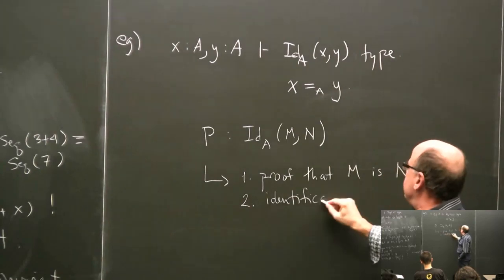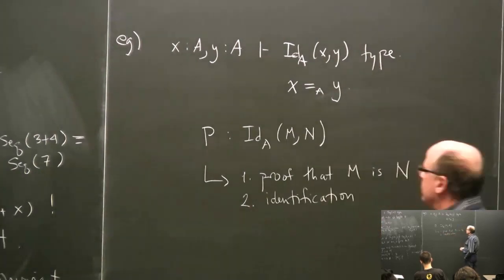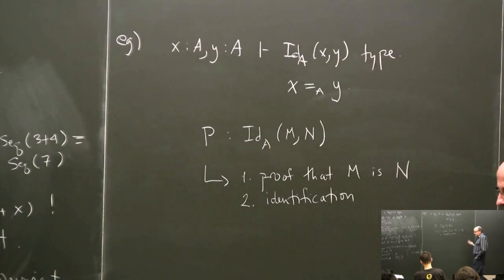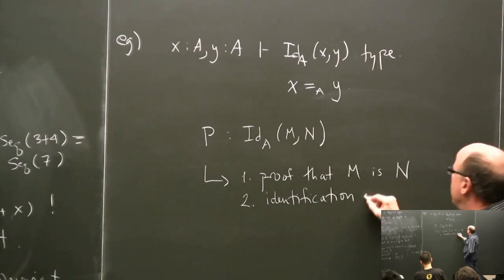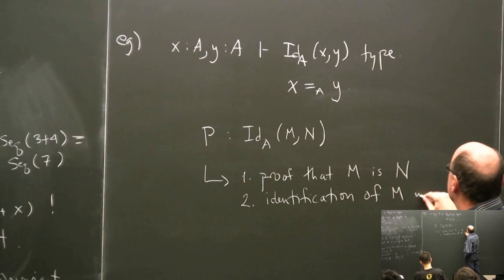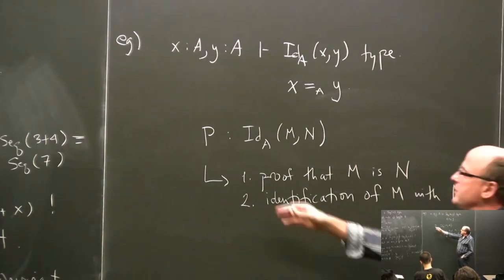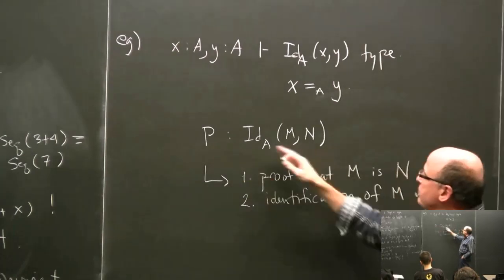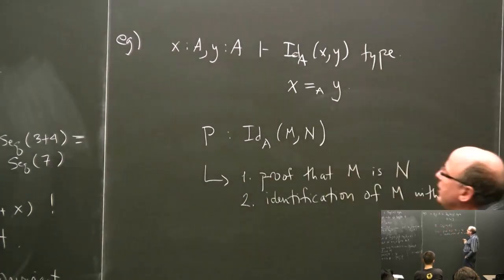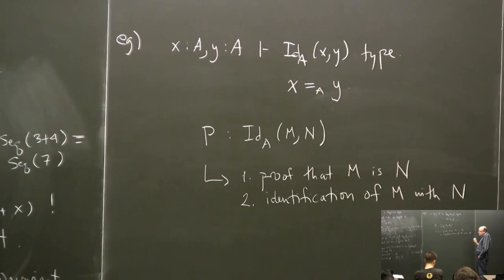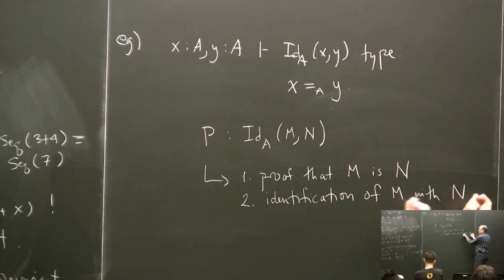I'm saying the same thing, but it's nice to think of different words because sometimes they have a different feel to them. So we can think of this as an identification of m with n. In other words, this term p, which populates this type, will represent a proof or an identification, some data that correlates or identifies m and n, that tells us that m and n are going to be interchangeable.